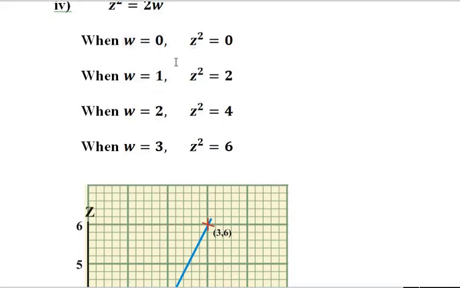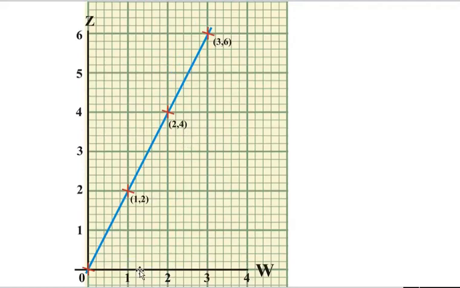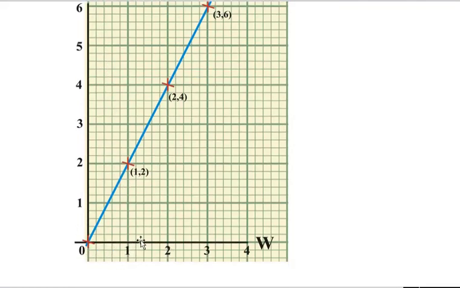Now let's draw these values of w and z square on a sheet of graph paper. So here we have two axes, the horizontal axis w and the vertical axis z square. I will place the values of w on the horizontal axis, taking one large square as 1 unit, 2 large squares 2 units, 3 large squares 3 units, and 4 large squares 4 units.